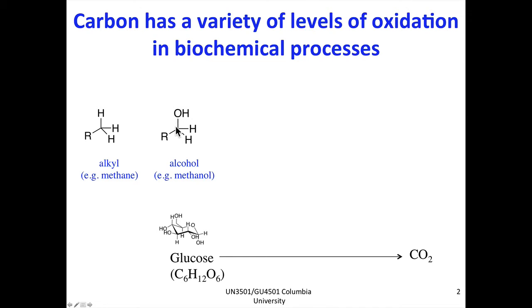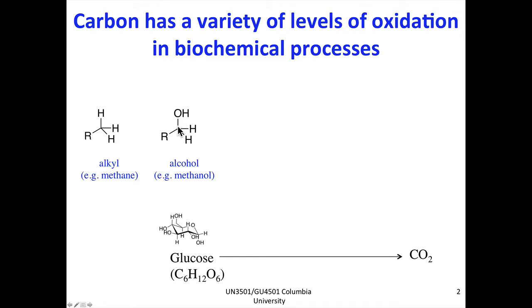So in that sense, this carbon has been oxidized. It has lost electrons. It would be fairly doable to remove those electrons by removing the hydroxyl group here in the form of hydroxide, for example. So as a carbon atom is bonded to more oxygens, it becomes more oxidized. The electrons are increasingly associated with the oxygen and not with the carbon.